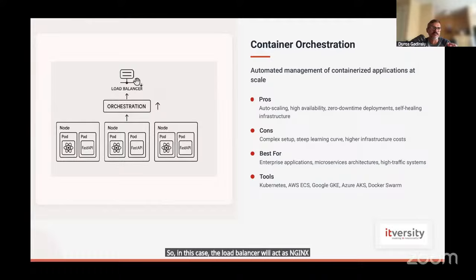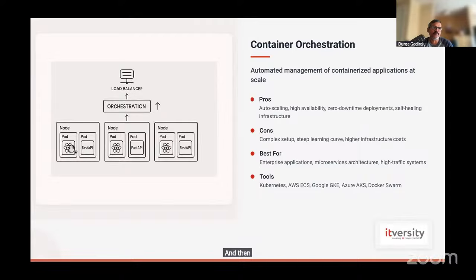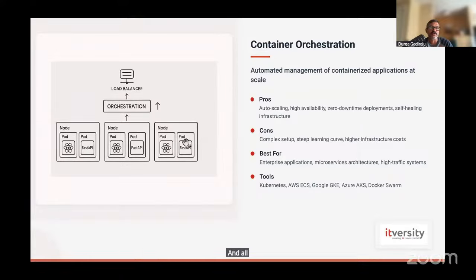You don't have Nginx again. This is good enough. And then there will be a pod which will be running your React code, and there will be a pod which will be running your FastAPI code. And there can be a database which is external to this, and that's how it works. And all these will be orchestrated in Kubernetes environment using appropriate frameworks.